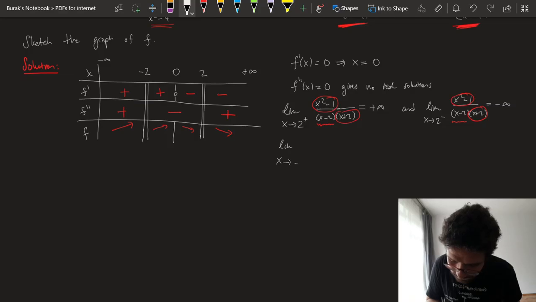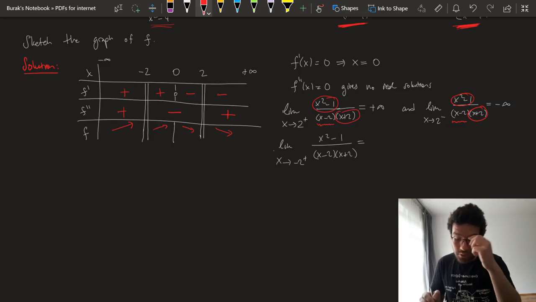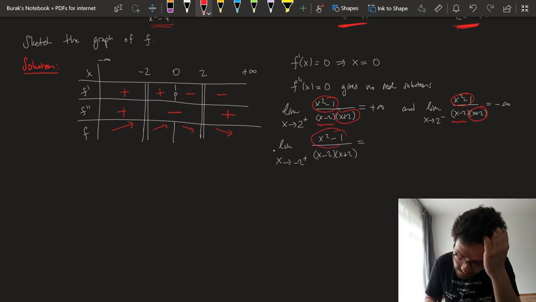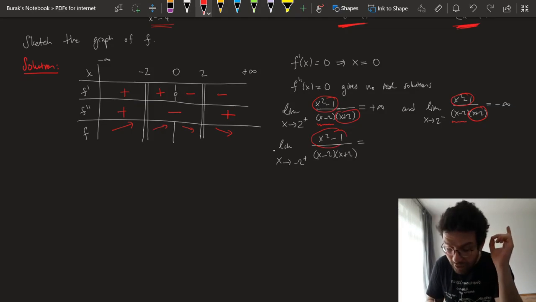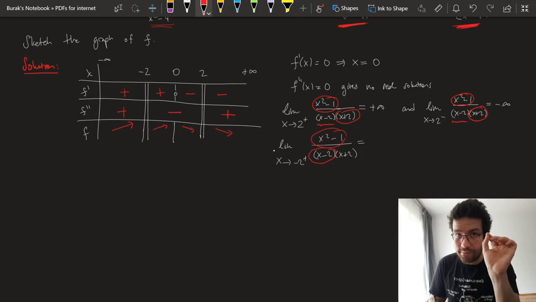Well, let me check the limit of this function at minus 2 from left and right. Let's check the limit at minus 2 from right. This will go to 3. Now I have to be careful. This goes to 3, which is positive. This goes to minus 4, which is negative, so I have something approaching a negative number here.